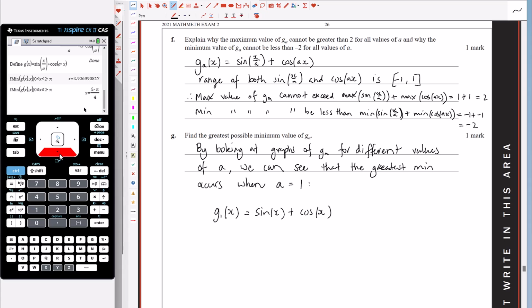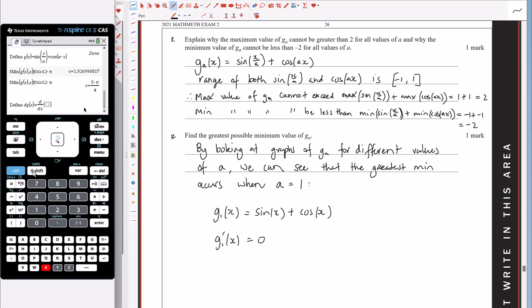Okay, so the greatest minimum occurs when A equals 1. We've essentially solved the derivative of that equal to 0. Actually, let's do it. I'm going to define the derivative of g as the derivative of g.